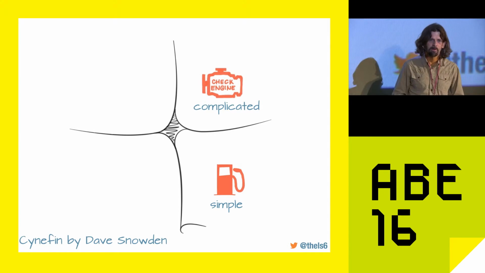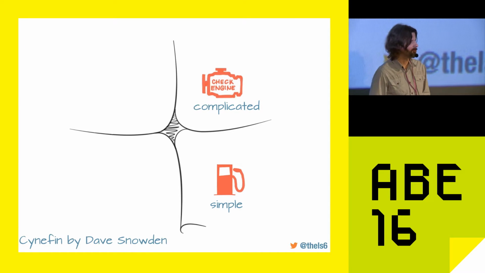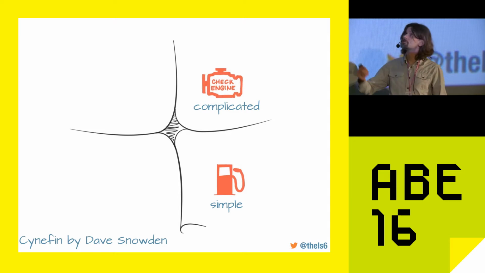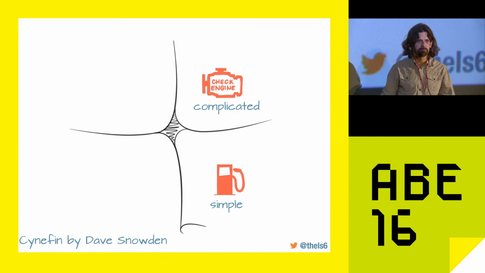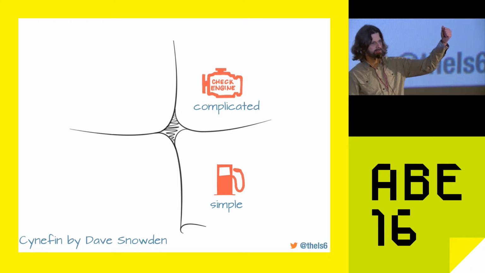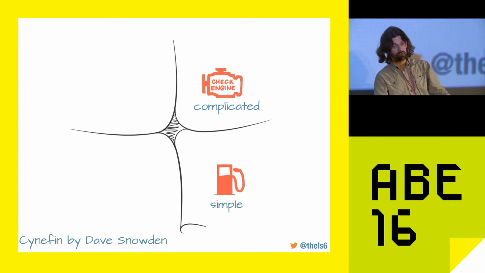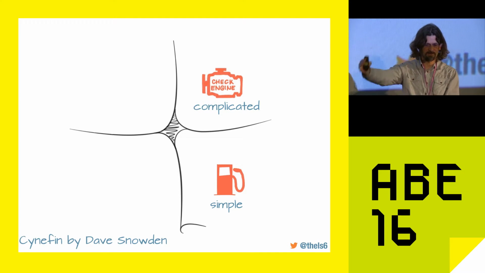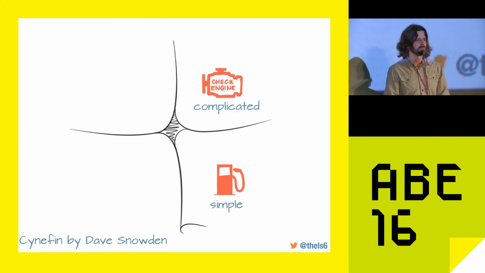There is a complicated domain, and to continue the motoring metaphor, you enter this domain when this shows on your dashboard, right? Check the engine. Well, you might open it, but what does it mean, check the engine? I mean, it has hoses and all kinds of parts, but you can't do much about it yourself.